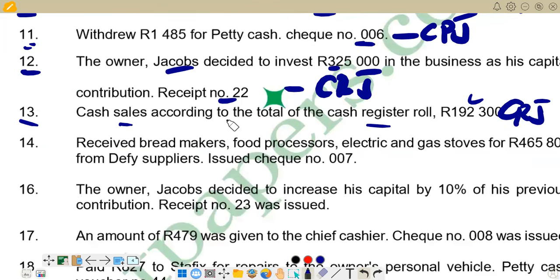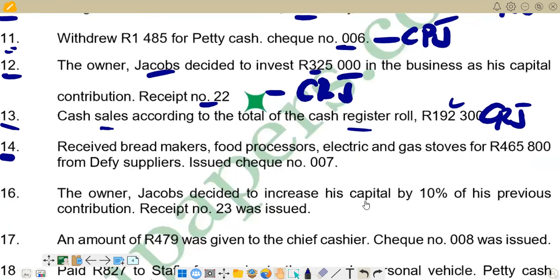So we are now on this one. Received bread makers, food processors, electric and gas stoves for 465,000 from the 5 suppliers, issued check number 007. So what do we have? We have document number 007, amount 465,800. This is a payment.